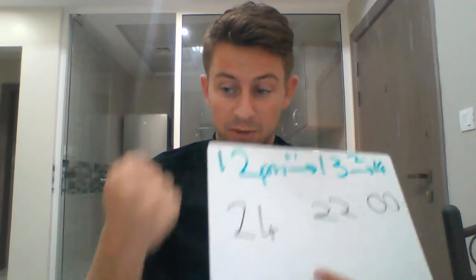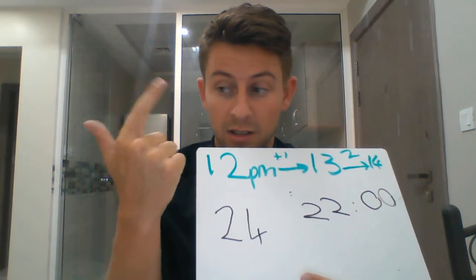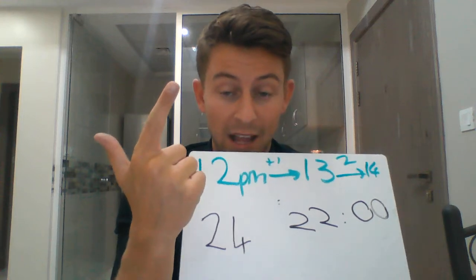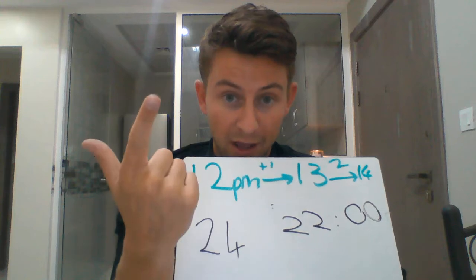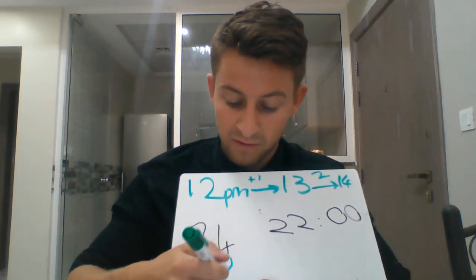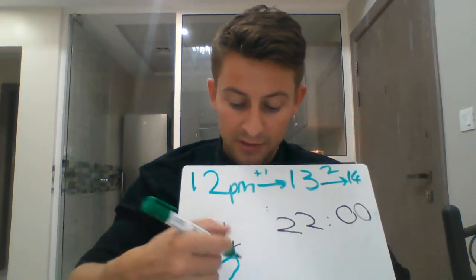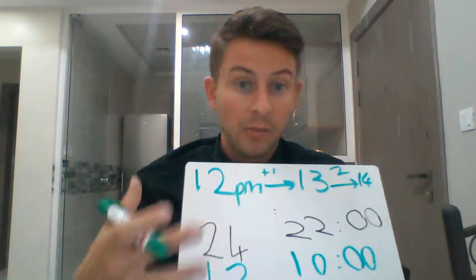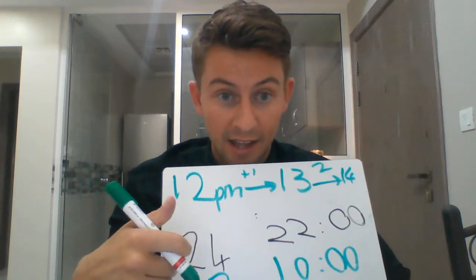Or I could start with 24 and count down, 23, 22. The problem with that is you will have to remember you're taking 2 away from 12, because 24 is 12 on a clock. So you'd have to remember that 12 take away 2 is 10 p.m. I'm giving you that as an option. If you feel confident that you can change that, do it.